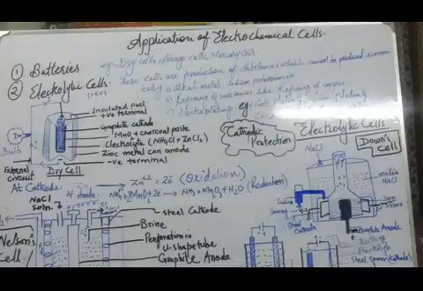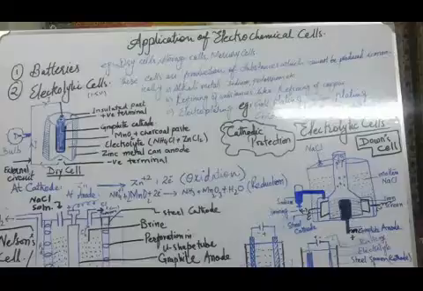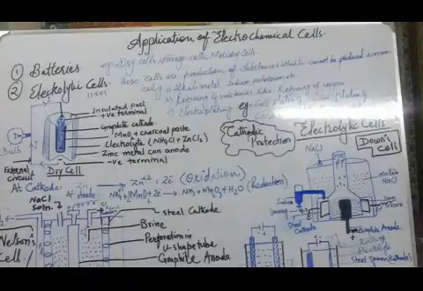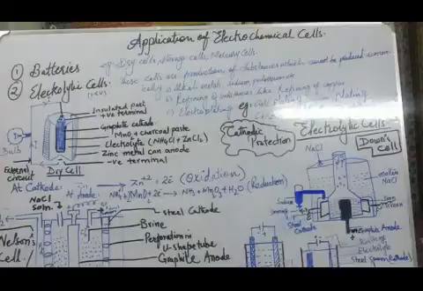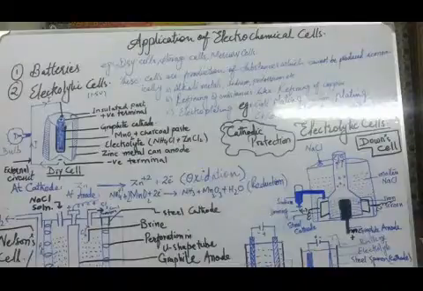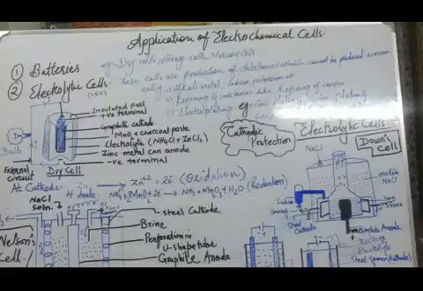Similarly, in chromium plating, we use the chromium anode, and the electrolyte would be chromium sulfate. The chromium is deposited only when it is molten in the solution. Then the molten chromium contains the chromium ion, which undergoes reduction and is deposited on the steel, metal or the iron.